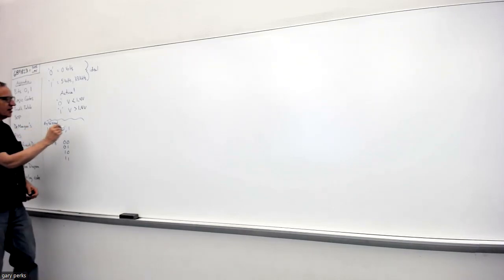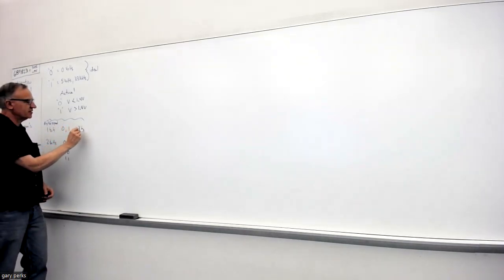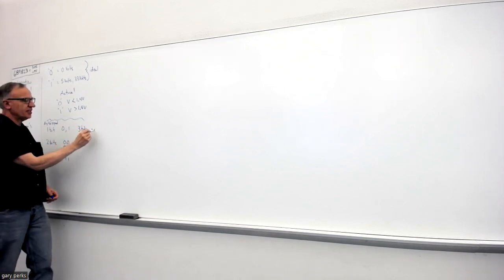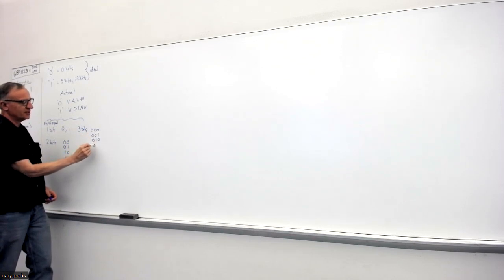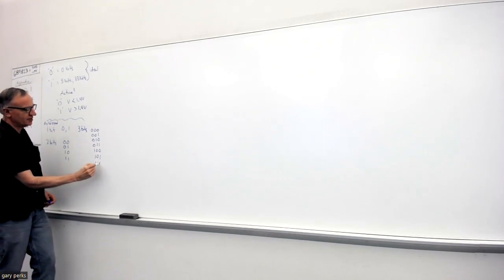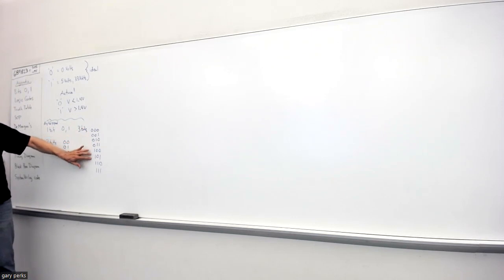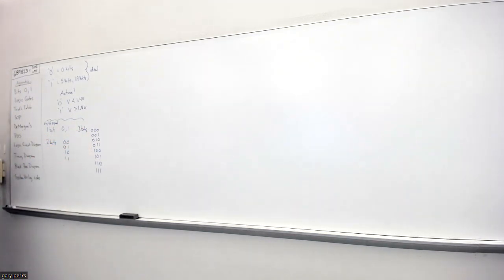If I have 3 bits, I could have all 3 equal to 0, or I could have 0, 0, 1, 0, 1, 0, 0, 1, 1, 1, 0, 0, 1, 0, 1, 1, 1, 0, 1, 1, 1. That's 2, 4, 6, 8. I could have 8 different values if I have 3 bits.